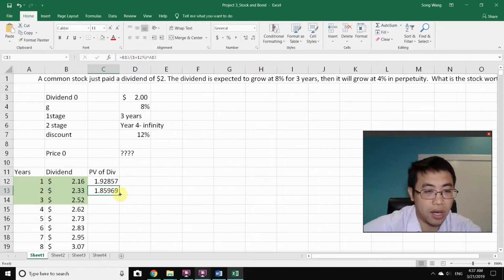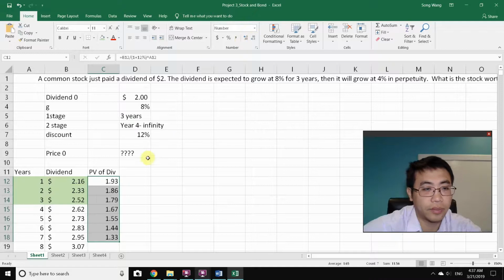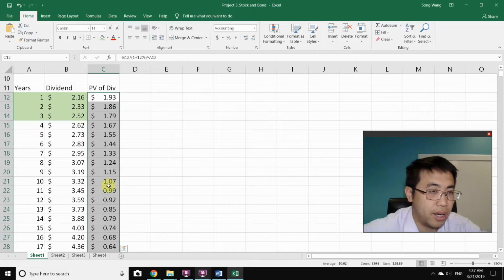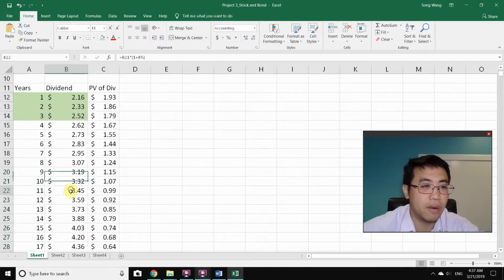Likewise, if I drag it all the way, you will see this is discounted by 4 years, discounted by 5 years, and so on and so forth. I'm going to decrease the decimal, make it $1, and then drag it all the way down. What you observe here is that although the dividend in dollar figure keeps increasing as years go by, the present value is actually declining.